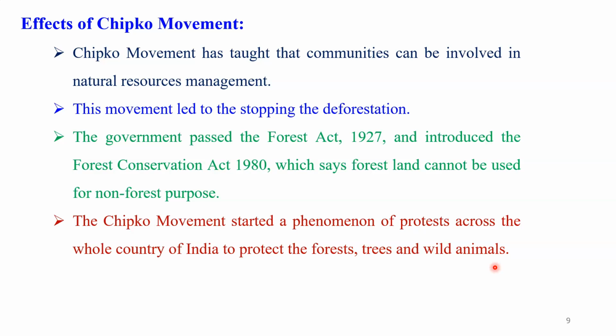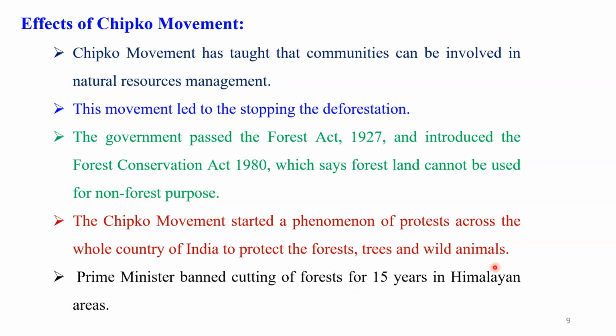Therefore this movement was a very inspiring and ideal example. It supported other environmental movements to stop the loss of the environment, particularly the loss of trees and wild animals. Therefore, this is also an important outcome, an impact of the Chipko movement.